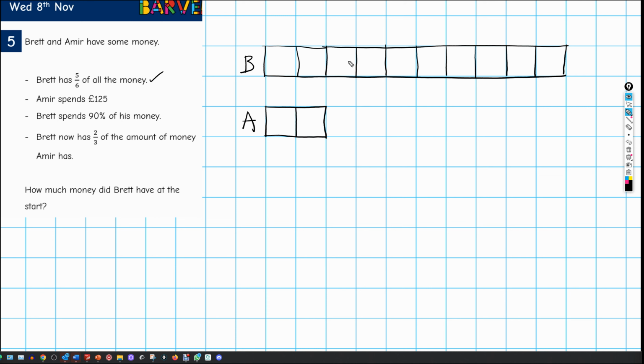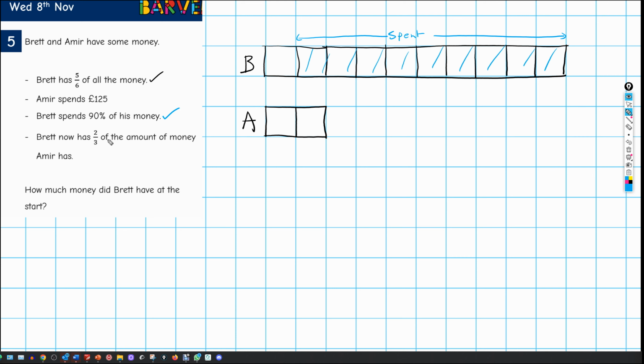So I want to keep all of the parts equal size. And Brett spends 90%. Okay, so that's all spent. So, all right, from there to there. Okay, so that's that part.